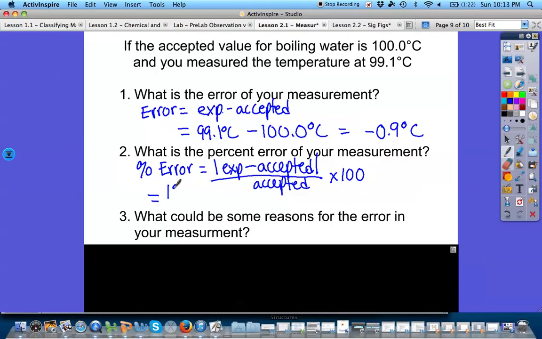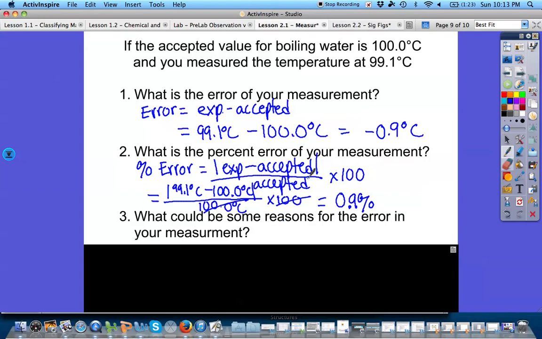So we have 99.1 degrees Celsius minus 100.0 degrees Celsius divided by 100.0 degrees Celsius times 100. These 100s actually are going to cancel out, so we have 0.9% error.